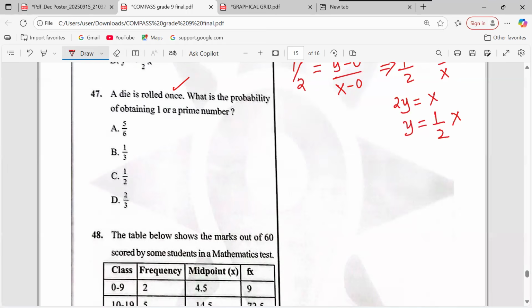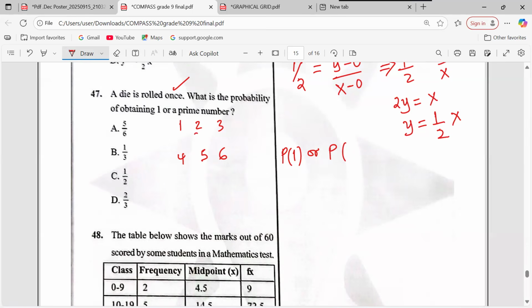Therefore, out of all those numbers, what is the probability of getting 1 or a prime number? So we need the probability of 1 or the probability of prime numbers. How many prime numbers do we have?